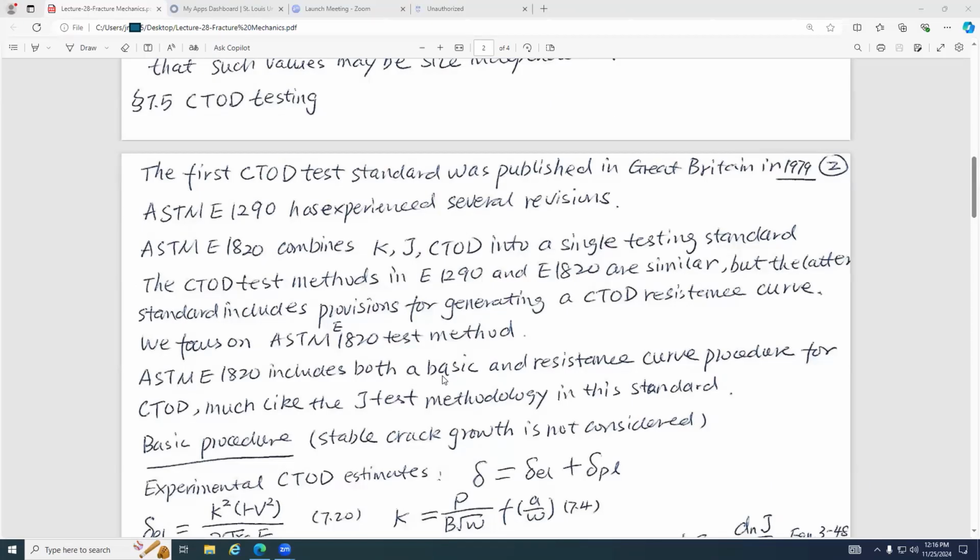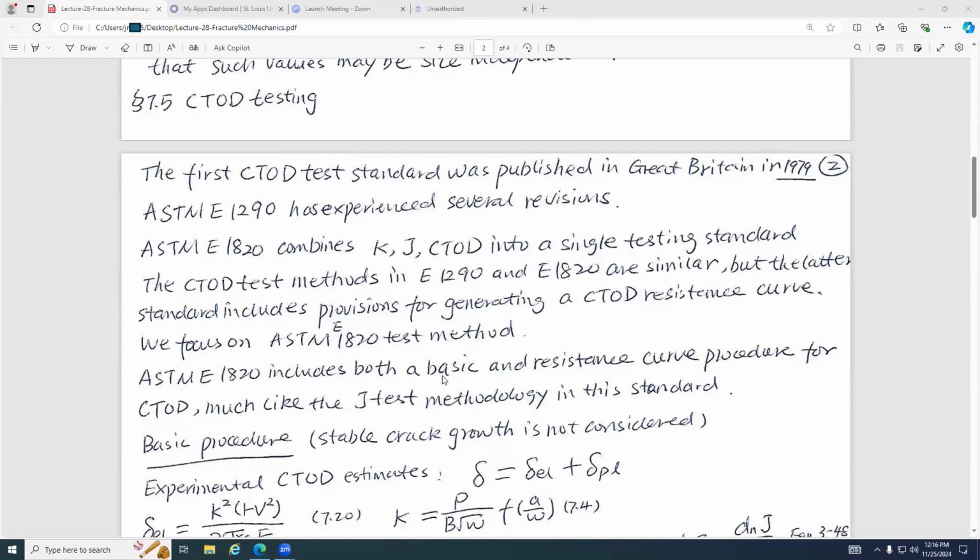After that, ASTM, the American Society for Testing and Materials, proposed a protocol named E1290. This one has experienced several revisions based on technology advancement, and people in this community will continuously perfect it.